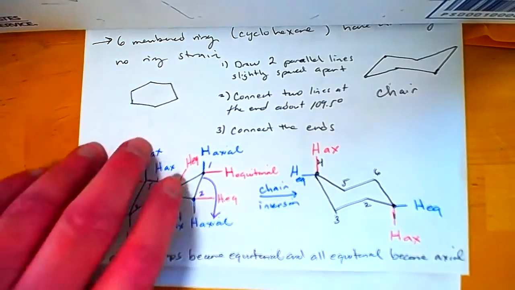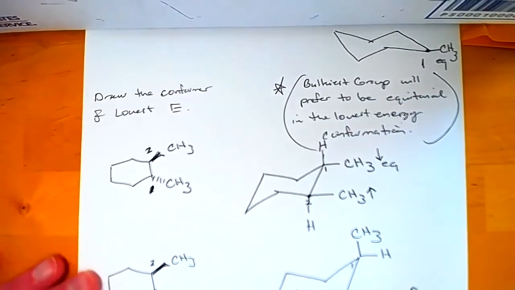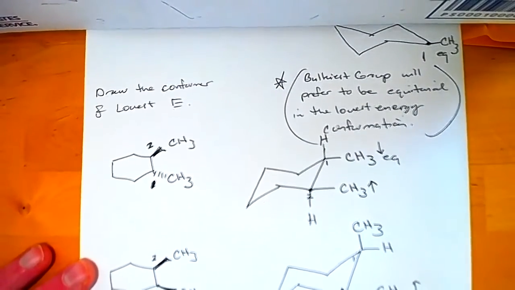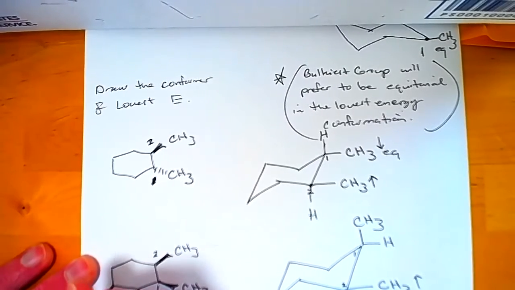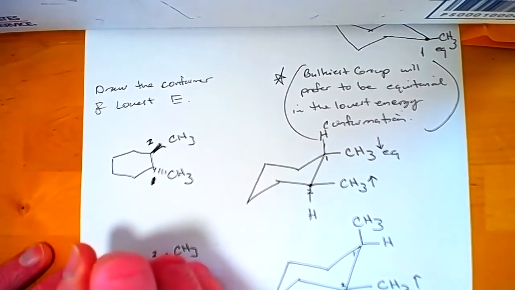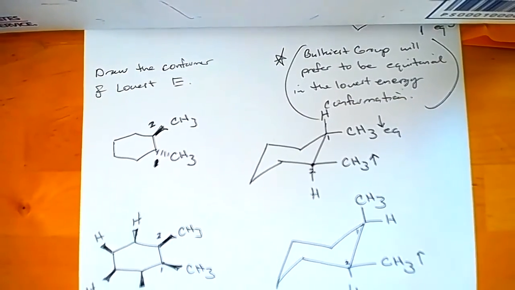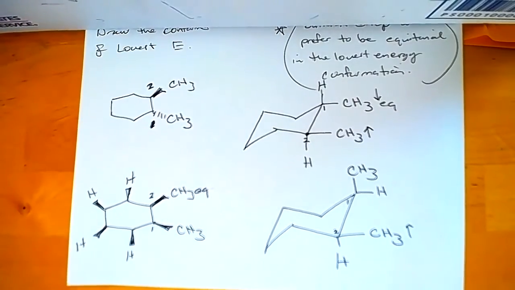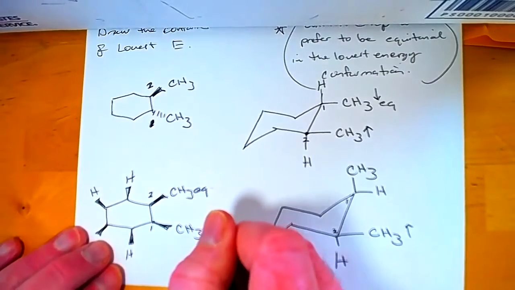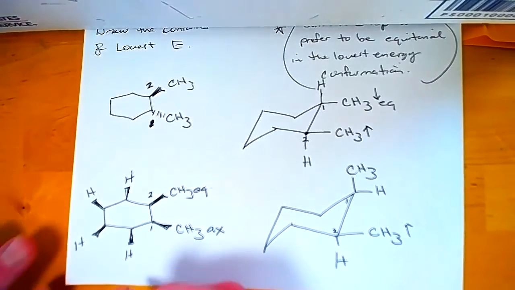So that means that all the positions, if they're pointing in the same direction, should alternate. Meaning if you went in and penciled in the rest of the hydrogen atoms here so that everything was all pointing up, and you said that one of these groups is equatorial, well, then by default, that methyl group would have to be axial in the lowest energy conformation.